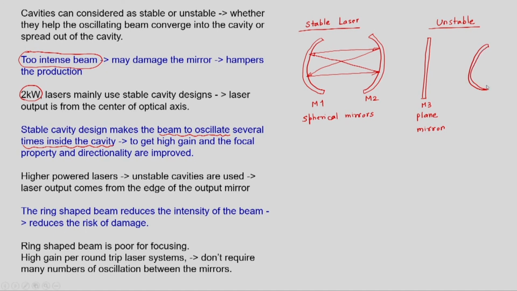Now, we start getting the reflection operation. So, consider a beam starting from M3. It will get reflected from M4, it will come to M3, and from M3 it will get diverged. So, it will move in this direction, it will not converge, it will diverge, it will move away from the center or the axis of the system.